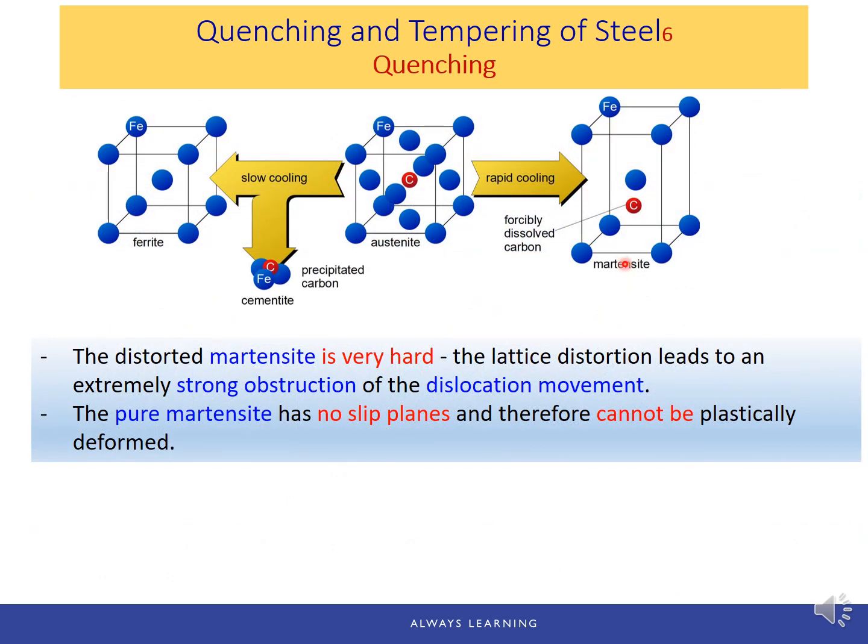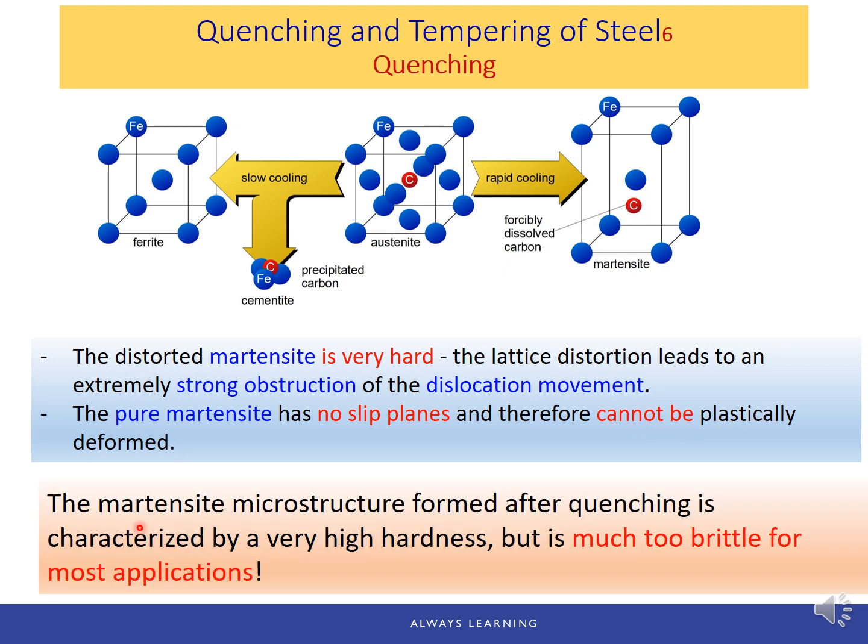The reason why the martensite is hard and brittle is first because the lattice distortion of the martensite structure leads to an extremely strong obstruction of the dislocation movement. And secondly, the pure martensite has no slip planes and therefore cannot be plastically deformed.